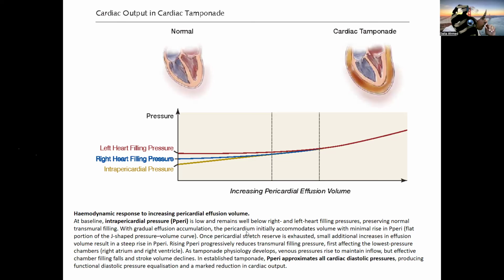the heart. And then with accumulating fluid, the intrapericardial pressure gradually increases till it reaches, in the second stage, it equals the right heart filling pressure.